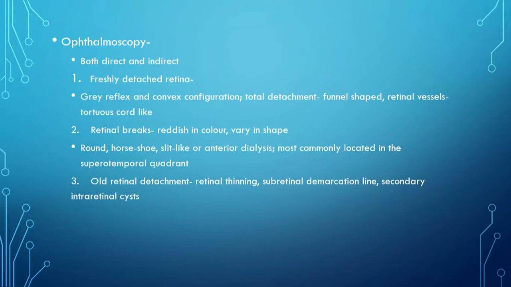That needs to be remembered. And if at all there is a total detachment, the retina will appear funnel shaped because there is still attachment at the optic head and at the ora serrata, and hence it will appear funnel shaped, and the retinal vessels will appear tortuous and they will be cord-like.